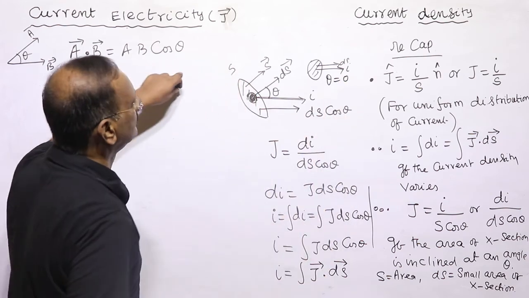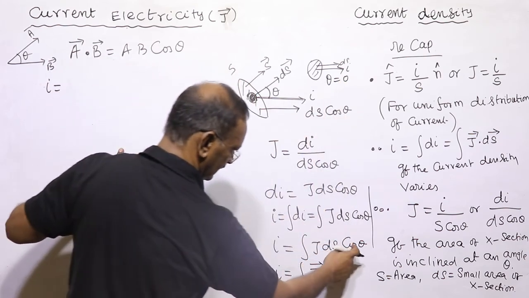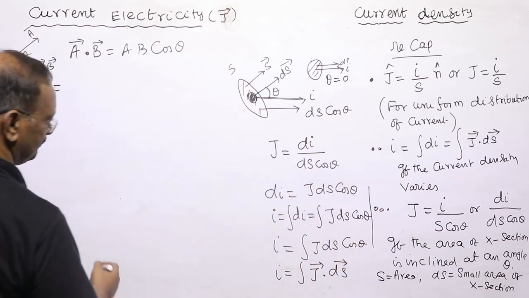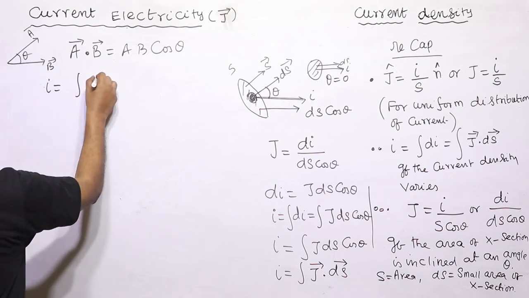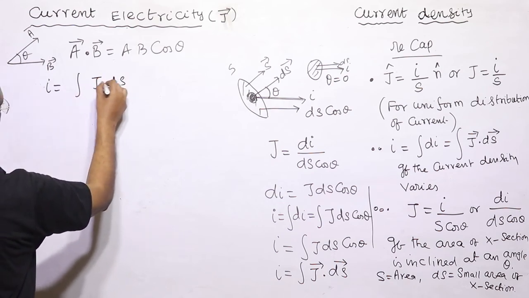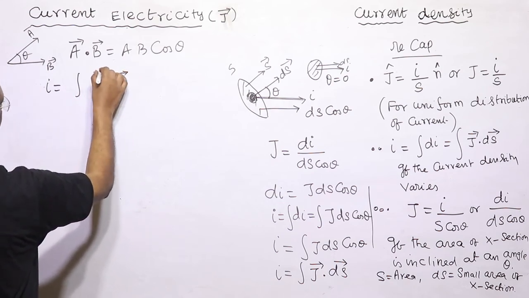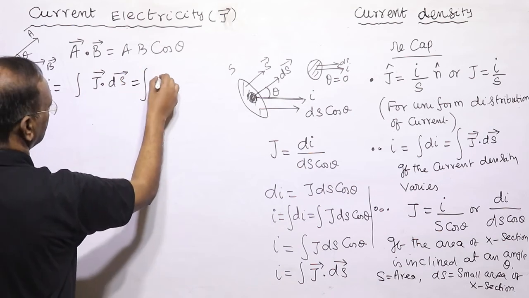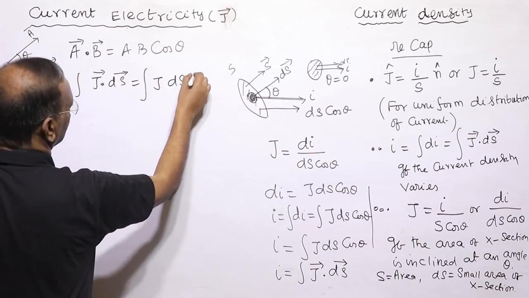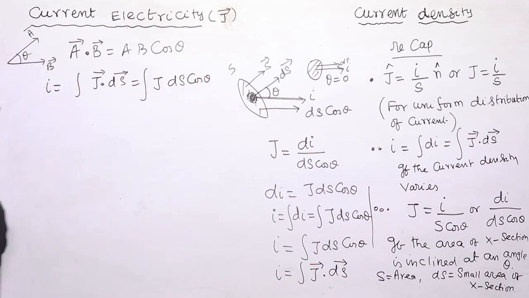In that case, what is cos theta? Cos theta is equal to 1. Or we can simply write I is equal to j dot ds, the dot product of j with ds, or j into ds into cos theta.